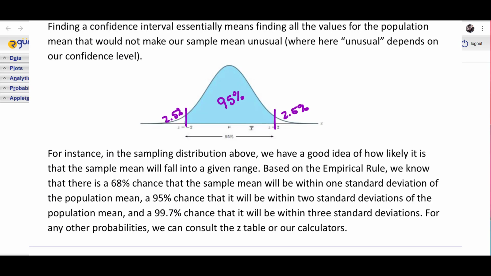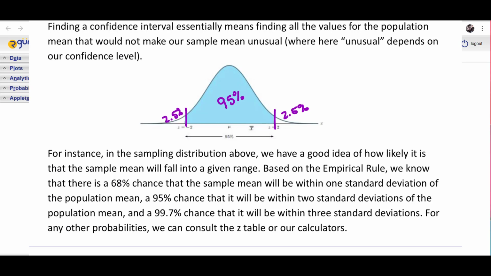Now, we aren't necessarily going to keep 5% as what we consider unusual. We can redefine that. But the point is that we are going to take our confidence level and figure out the number of standard deviations away from the mean each of the boundaries for that center confidence level percentage is.